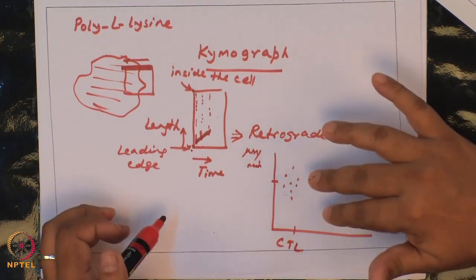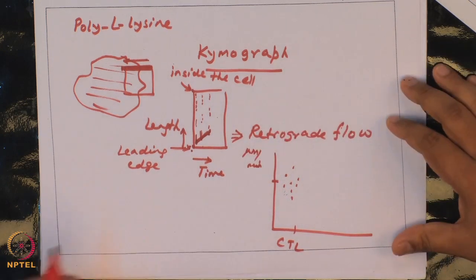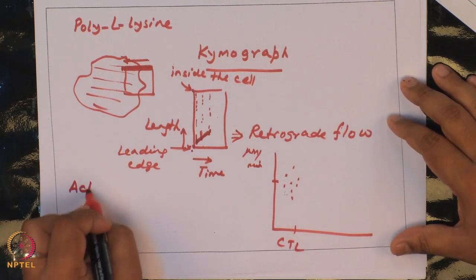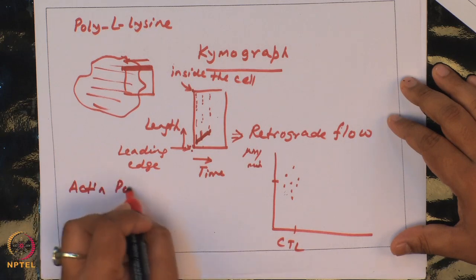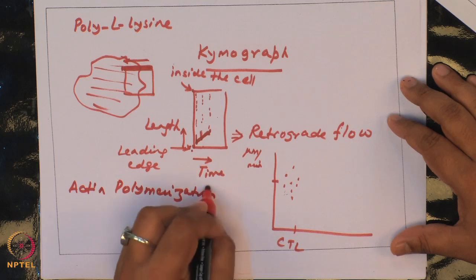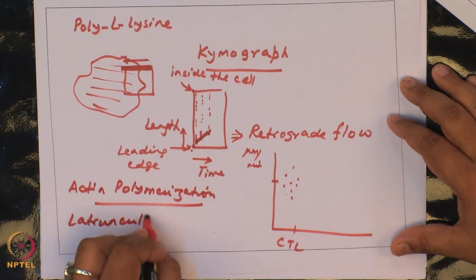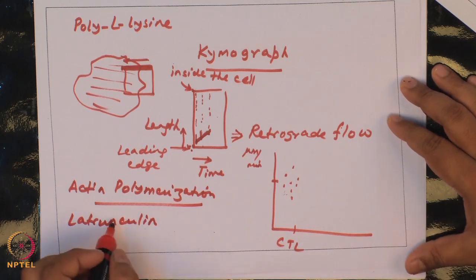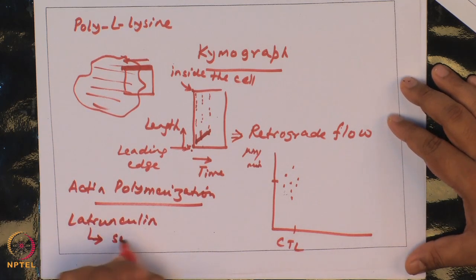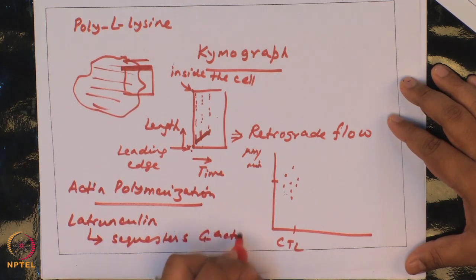So, under control treated conditions, the authors observed some retrograde flow. When they perturbed actin polymerization, okay, with this drug called latrunculin. Okay. So, what latrunculin does is it sequesters G actin. Okay.